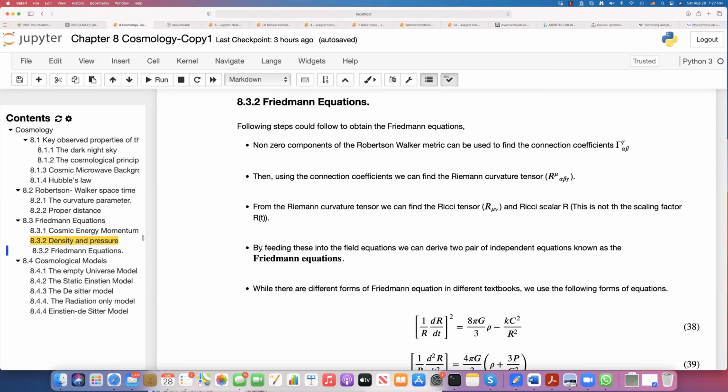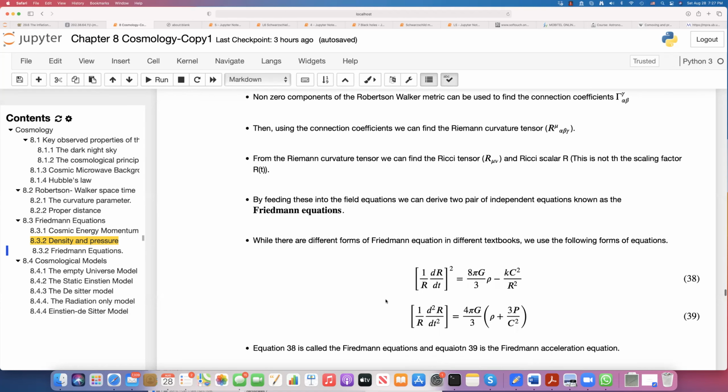That's how you plug everything into Einstein's field equation in this particular situation, and then you solve the field equation to get these two differential equations. Those are the two equations that we call Friedmann equations. One is called the Friedmann equation, and the other one is called the Friedmann acceleration equation.